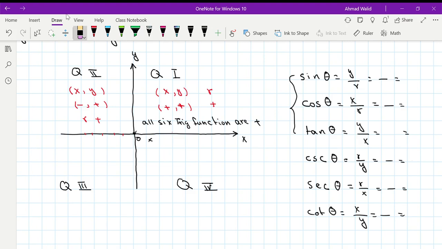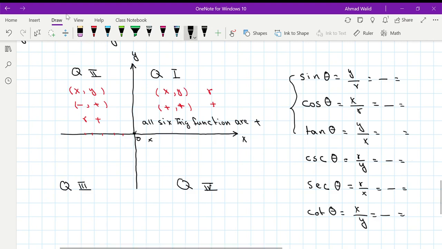If you open my presentation in Canvas, on slide 6, they give you a sign chart for the 6 trigonometric functions and 4 quadrants. You don't need to memorize them because you will learn like this. It's easy, you can understand what's going on.